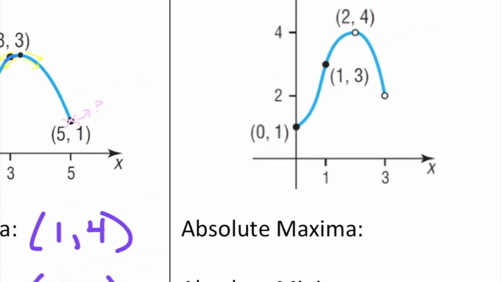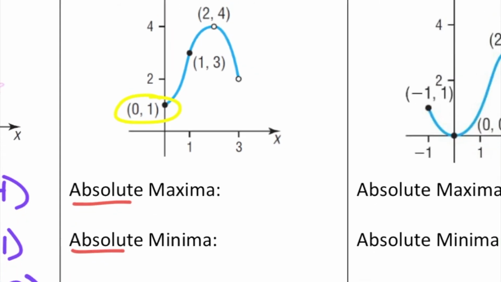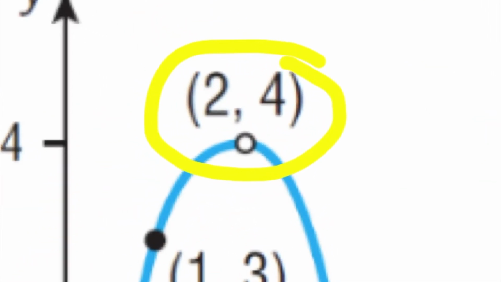In letter B, when you're talking about your absolute maximum and your absolute minimum, let's start with the absolute minimum. Hopefully you see that this is the lowest point on the graph, and so that's going to be your absolute minimum. But when I'm looking at the maximum point on the graph, it's that 2,4, except that point is missing.